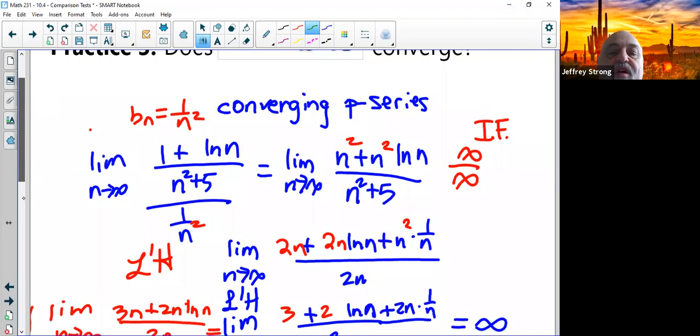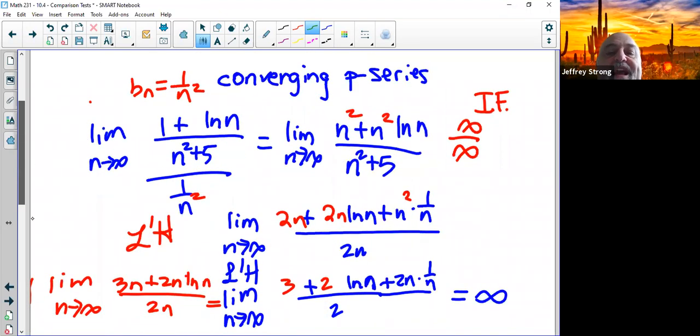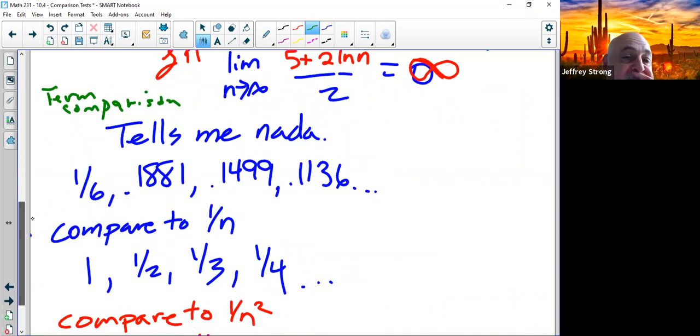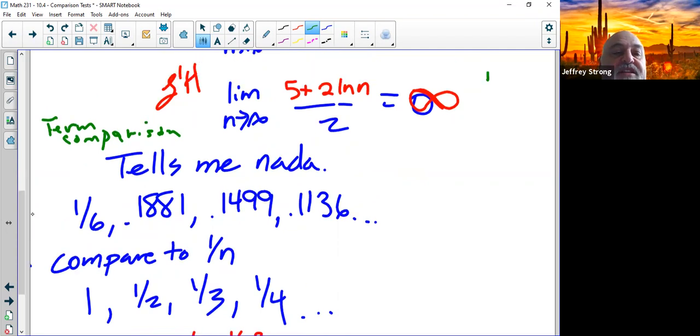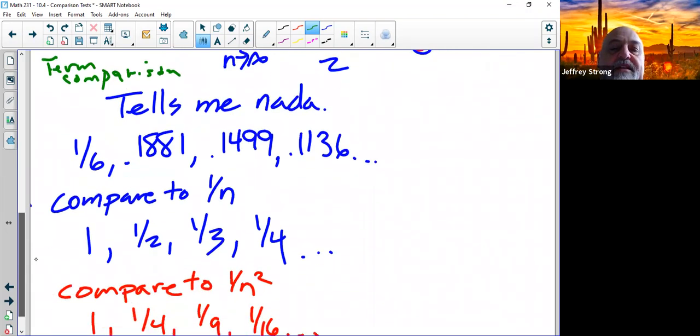So I did 1, 2, 3, 4, and so I got these fractions right here. If I compared it to 1 over n, well, let's see, it starts off less, less, less, less. Remember, if you compare it to a diverging series, you want it to be bigger. So that tells me nothing.